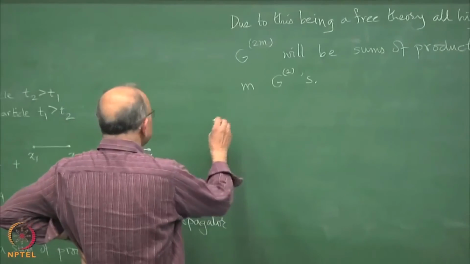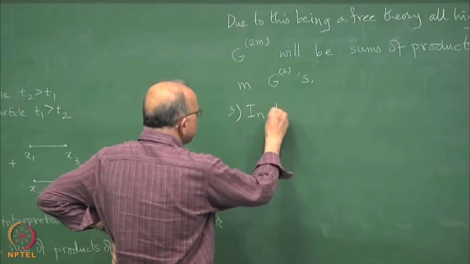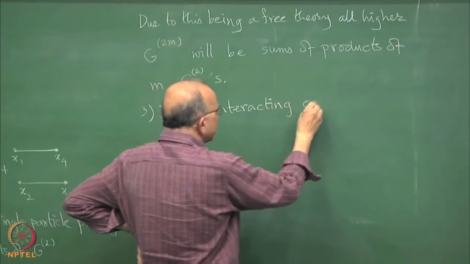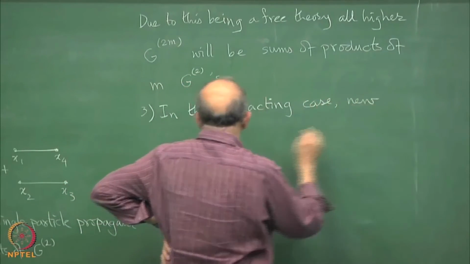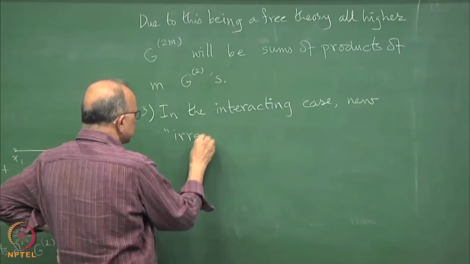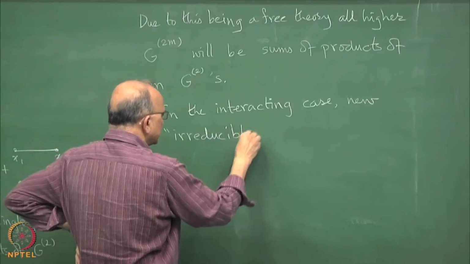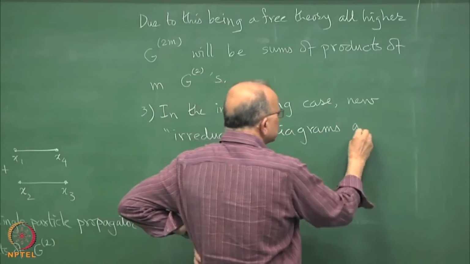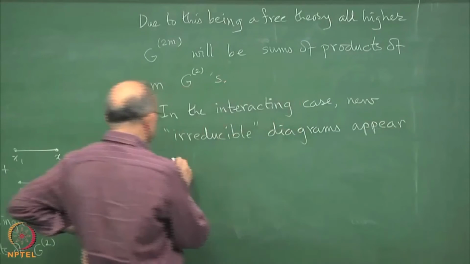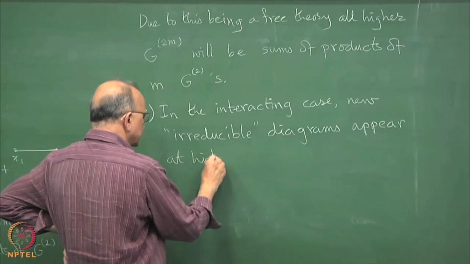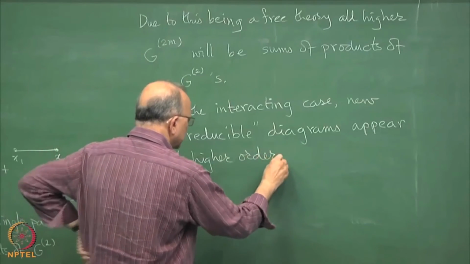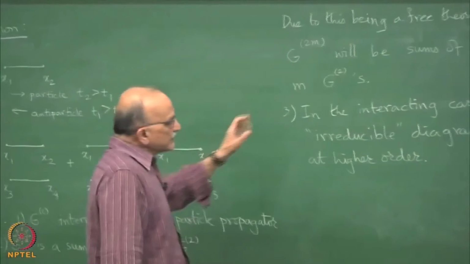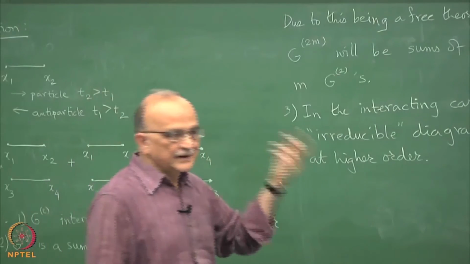So in the more general case, new irreducible vertices appear; however, we still get these products of the lower Green's functions anyway in the higher one.